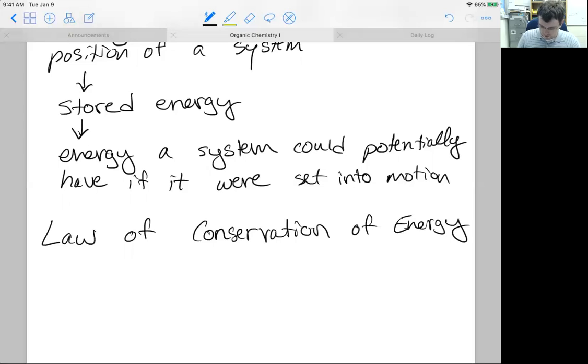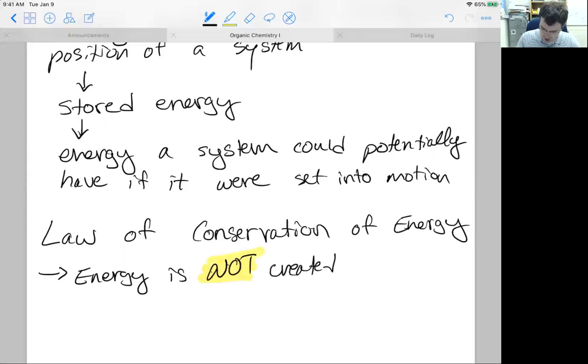What the law of conservation of energy says is that energy is not created or destroyed. Energy is not created or destroyed.